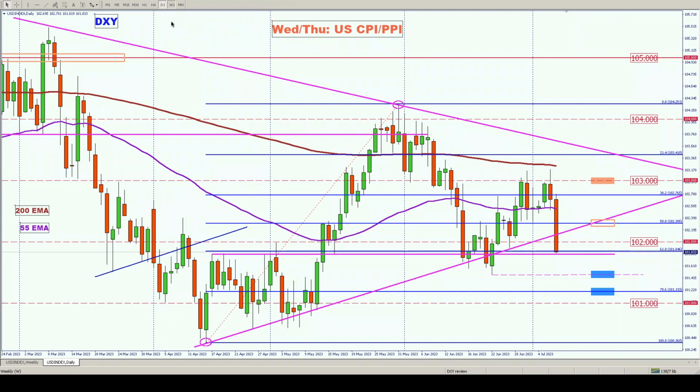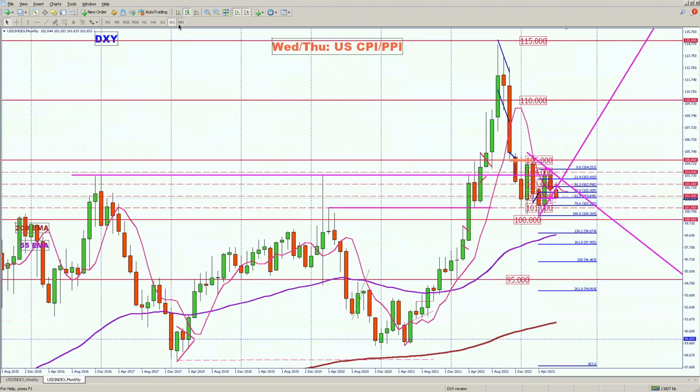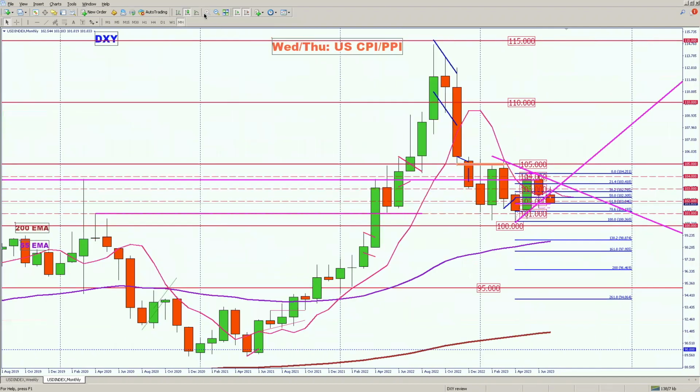Okay. Let's also take a quick look at the monthly time frame. And we'll see how much bearish momentum there is.